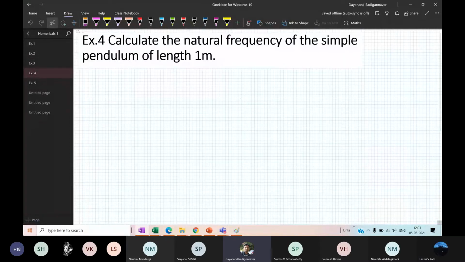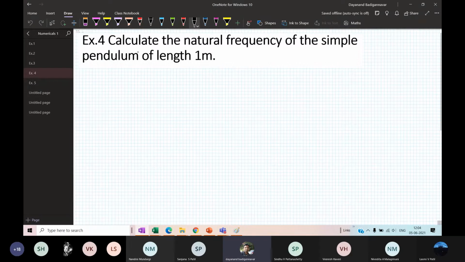Similarly, this one I have given you already in the theoretical discussion when I was doing free oscillations. This also appeared in the last question paper itself. These two problems have appeared in two consecutive semesters.